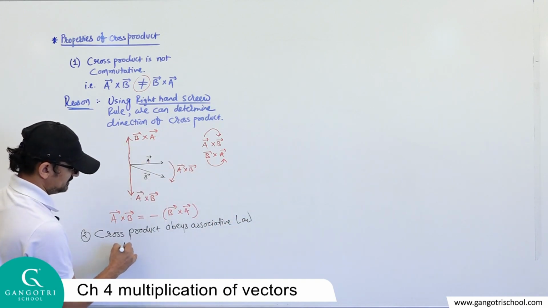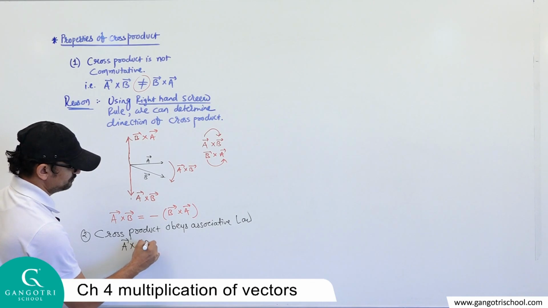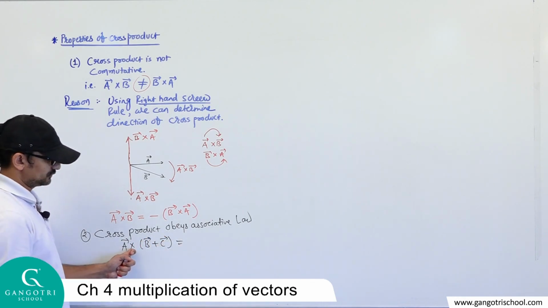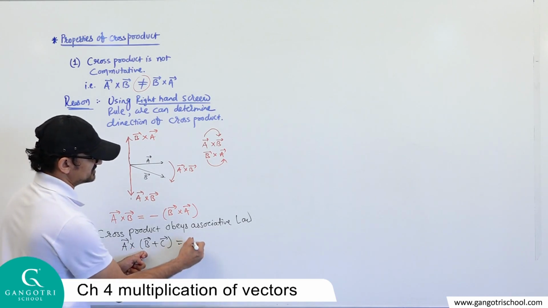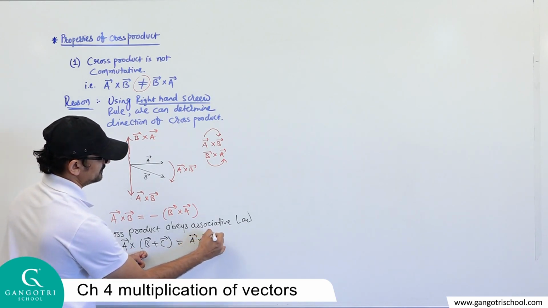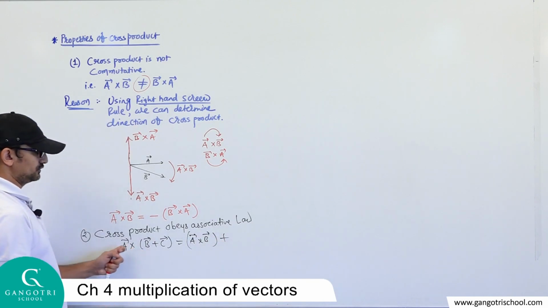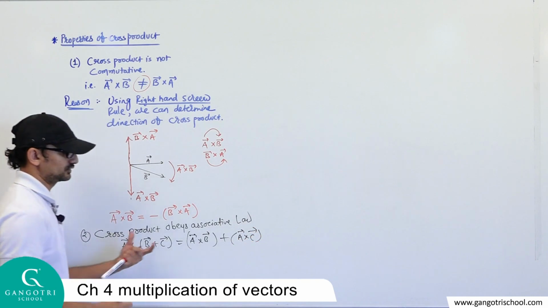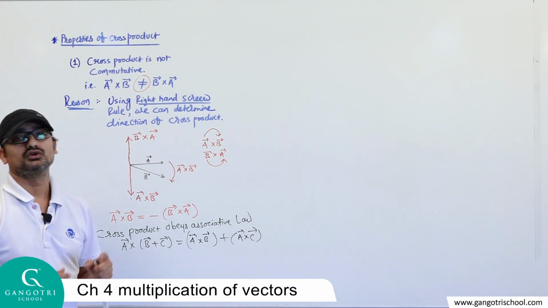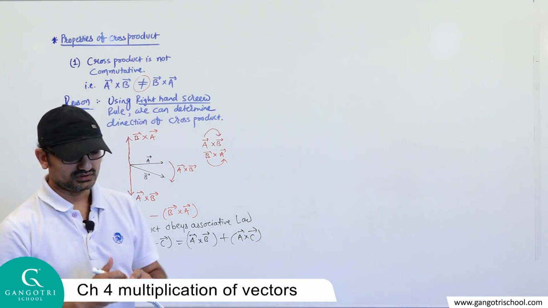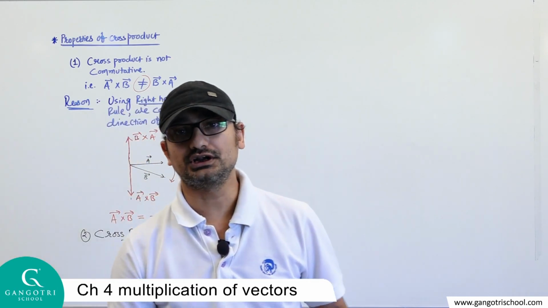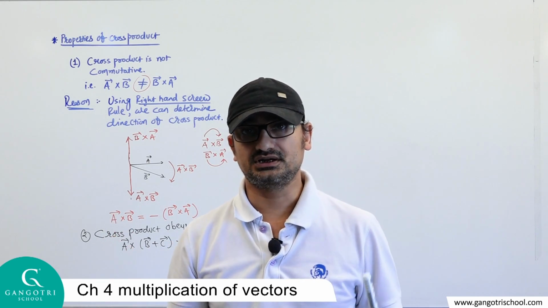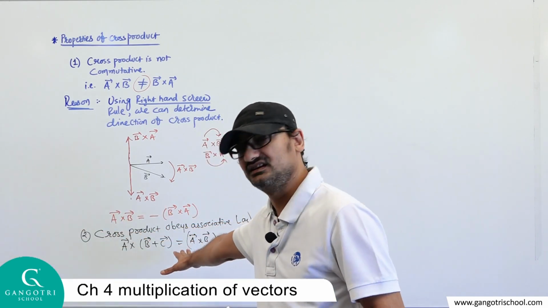It means that a cross (b plus c), here also you can open the bracket. First of all, the cross product of a with b means a cross b, plus now the cross product of a with c, a cross c. In the case of cross product also you can open the bracket. So again, dot product is commutative, cross product is not commutative. Dot product and cross product both obey the distributive law.